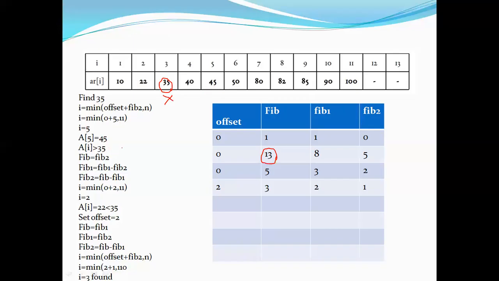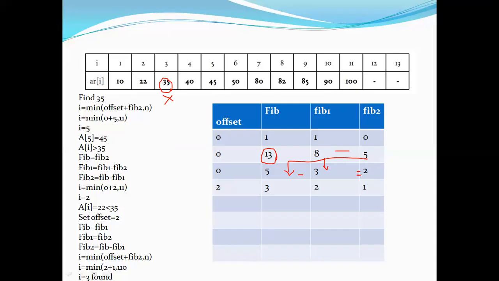If it is greater than, what is the condition we need to take? Just listen. Here we need to take fib1 equal to fib2, so from here we need to transfer here. And 8 minus 5, that means fib1 minus fib2, will be calculated as 3. 8 minus 5 will be calculated here, and 5 minus 3 will be calculated here.